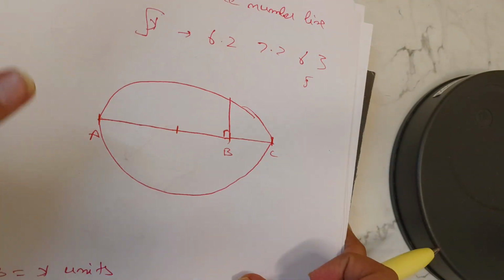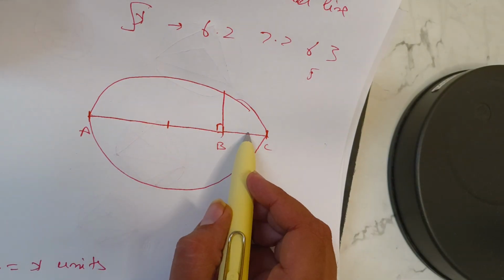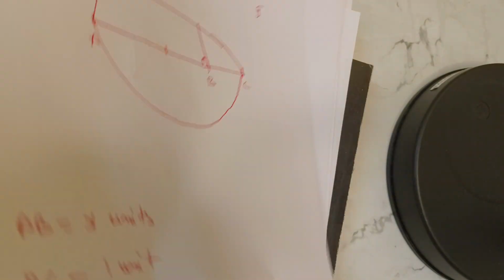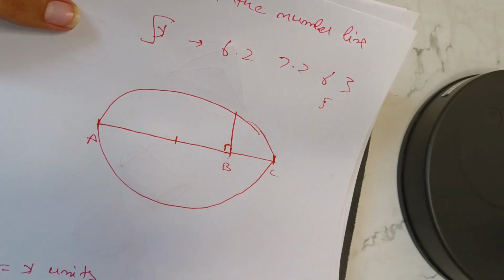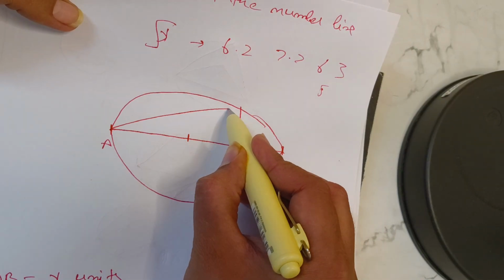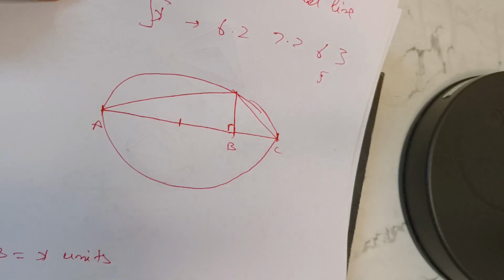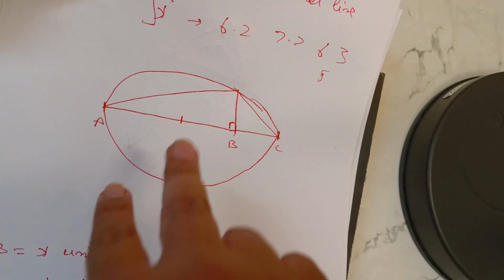So here we have a circle and this is the diameter. The diameter is also a chord, and it is the largest chord. So when we draw the angle like this in this segment, when the diameter is the chord, both segments are equal.